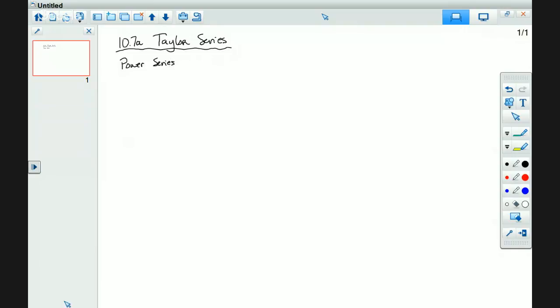We've been working the last couple days with the power series, right? There's the power series, correct? That we've been working with. We write that out.